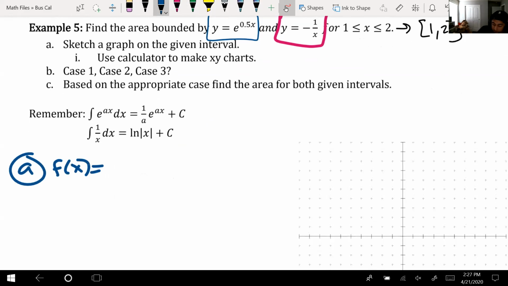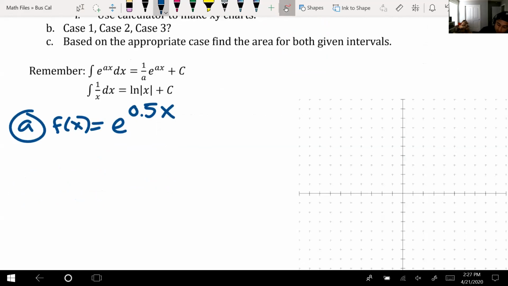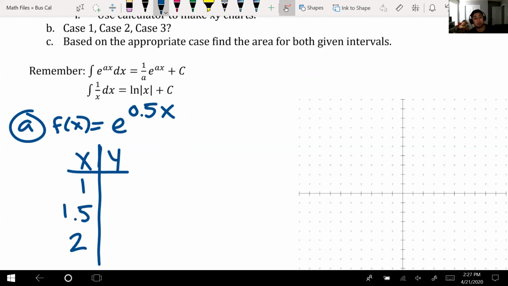So f of x equals e to the 0.5x, and we want it on the interval 1 to 2. So for my xy chart, I'll choose a number in the middle: 1, 1.5, and 2.